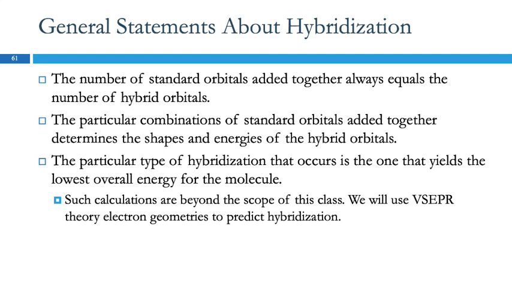So that involves some really icky, in my opinion, calculations, right? So that's beyond Chem 1A. So what we're going to do is use VSEPR theory, electron geometry, to predict the hybridization. We're going to look at the number of electron groups on that central atom and say, okay, that's the number of hybrid orbitals that we need.